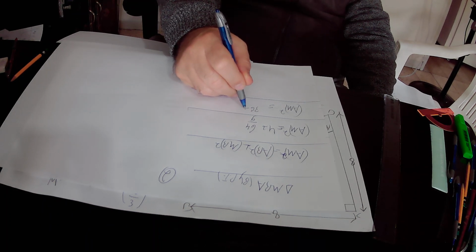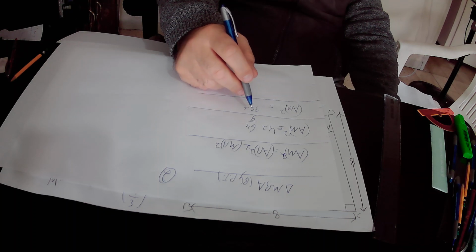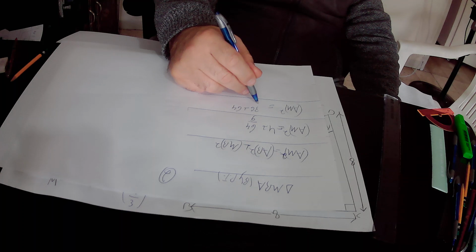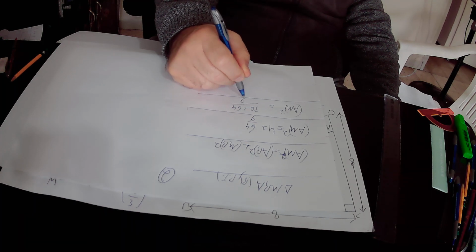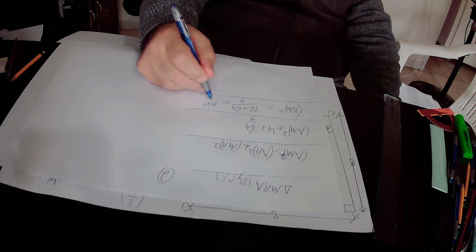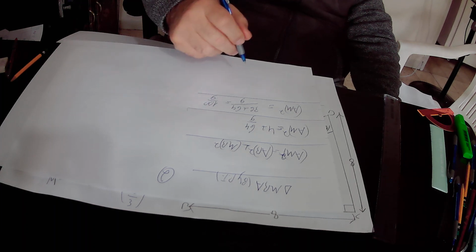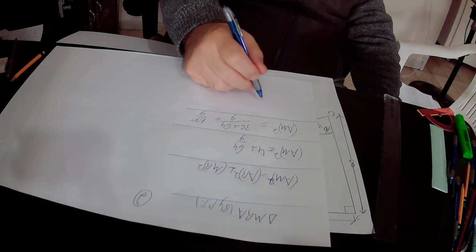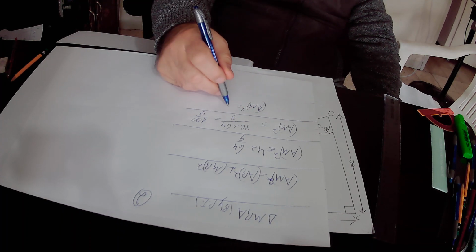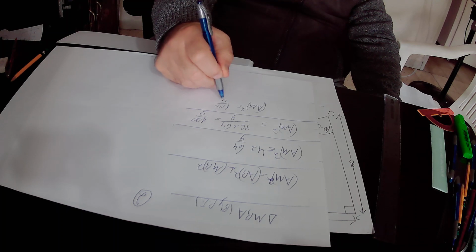So in total, in the numerator of this expression, we will have 36 plus 64 divided by 9. 36 plus 64 is 100 divided by 9. So AM squared equals 100 over 9.